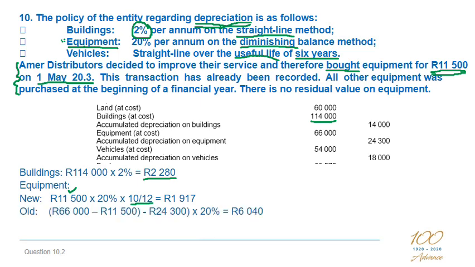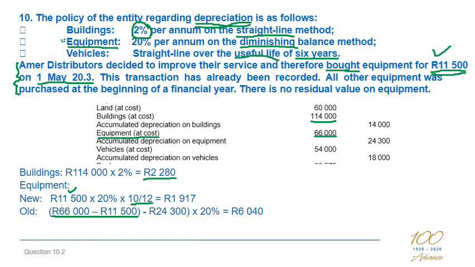For the old equipment, this is important. The equipment amount here at cost in the pre-adjustment trial balance, remember this 66,000 already includes the purchased 11,500. So for the cost, I need to determine total cost minus new cost to get to the cost of the old equipment.